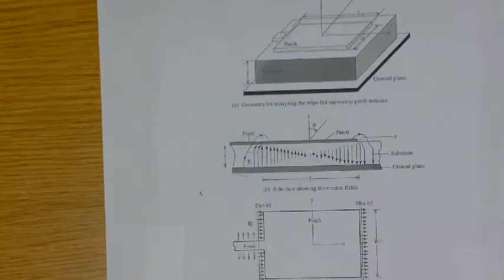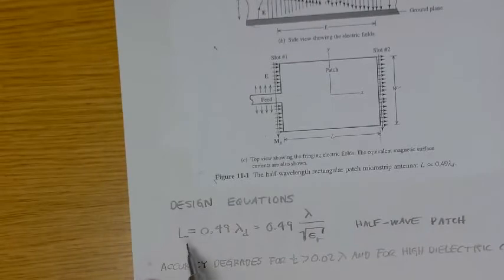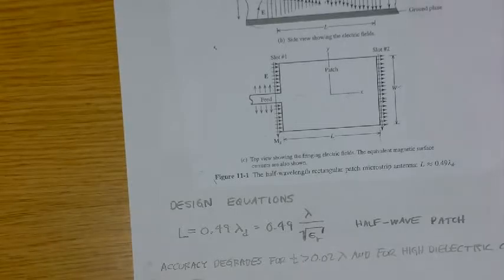Okay? So we can fast forward down to this equation, and it shows that the length L should be approximately half the wavelength in the dielectric, or 0.49 times lambda. The wavelength in the dielectric is the wavelength in air divided by the square root of the relative permittivity. So the wavelength in the dielectric shrinks inversely proportional to the square root of the relative permittivity of the dielectric substrate. Okay, so that's important to know.